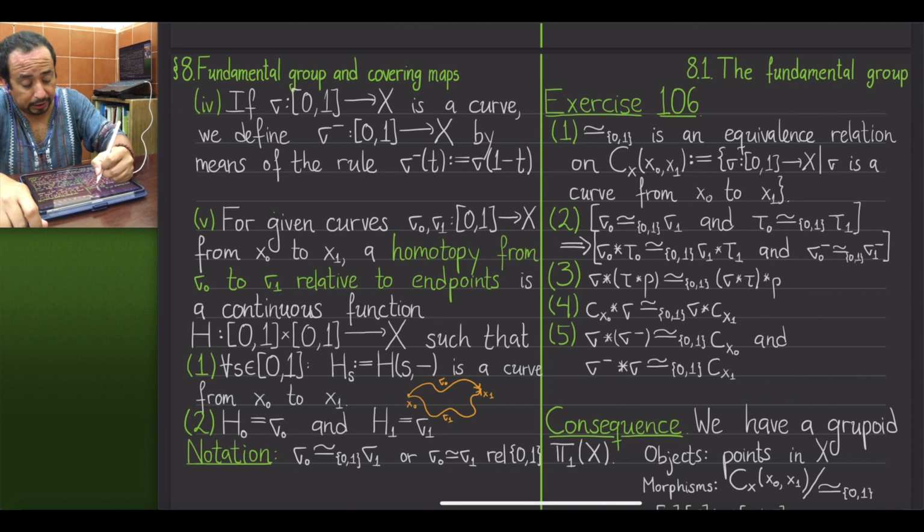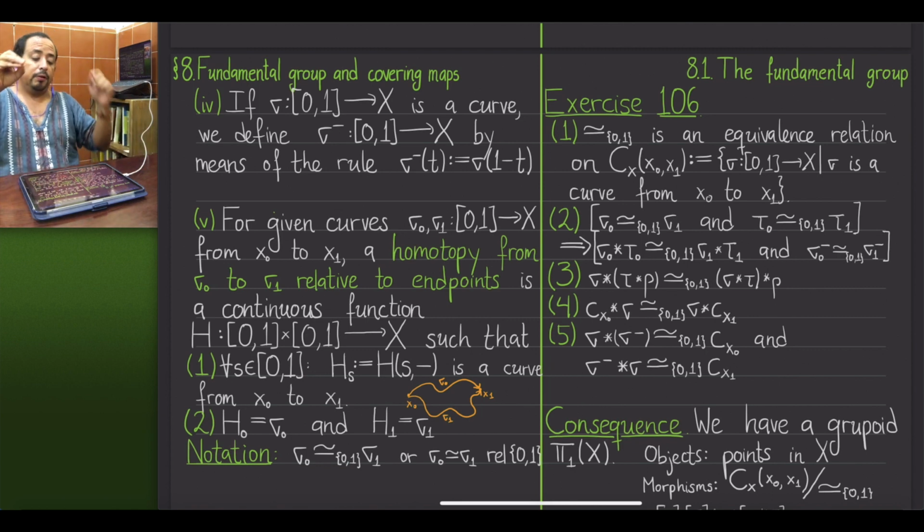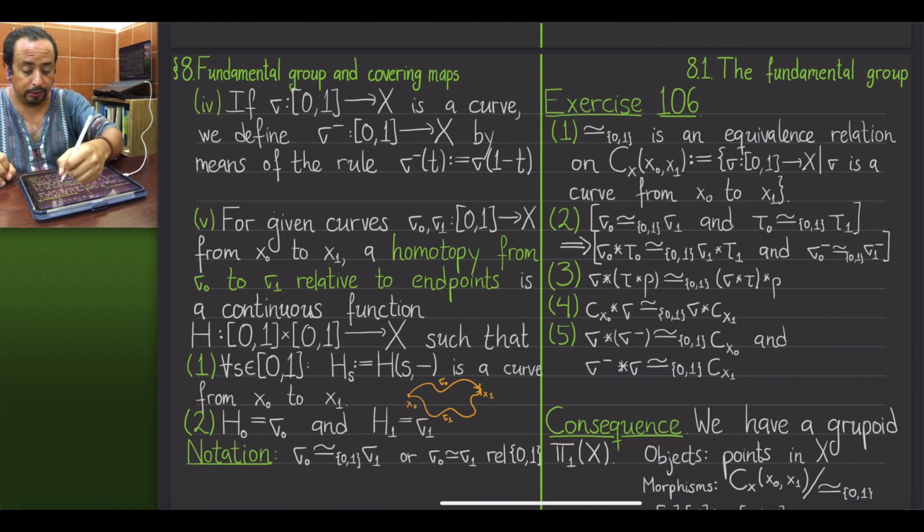So that is, once we fix the starting point and the end point for our curves, and we don't change it through this homotopy process relative to endpoints, we have an equivalence relation.